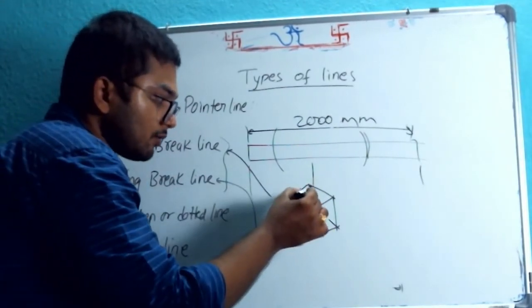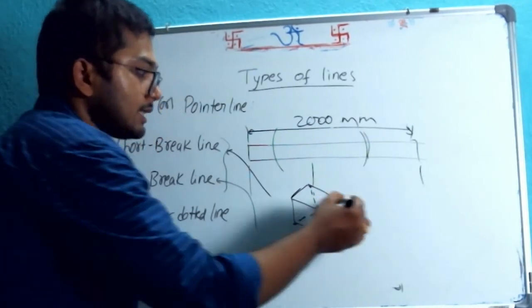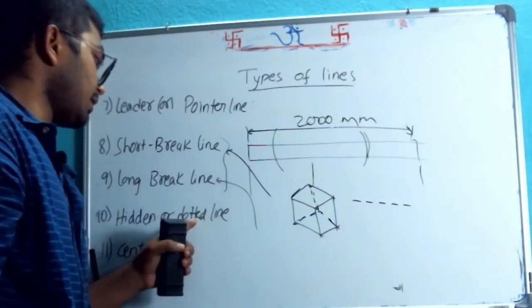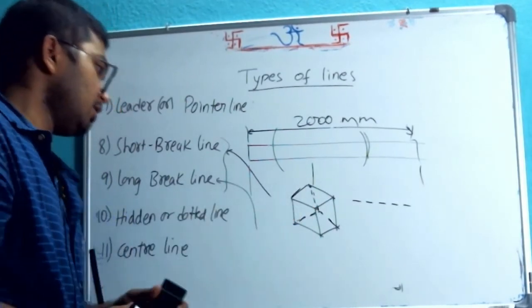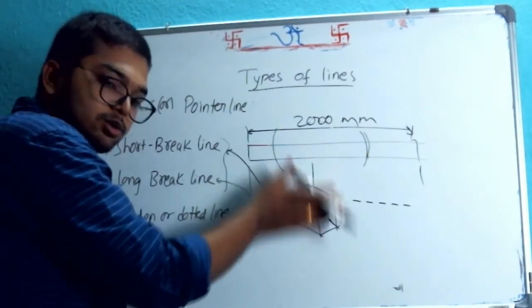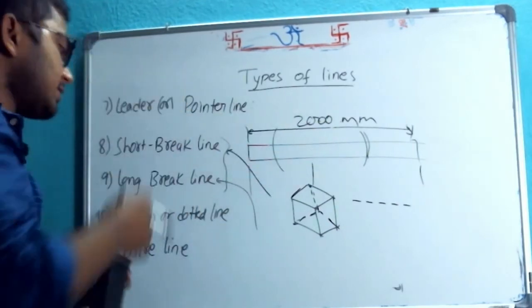Those lines we draw as dashes, intermittent lines, not continuous. Those dashed lines we call hidden lines or dotted lines because they represent hidden edges or inferior layers. The superior layers are those which are in front. Inferior are those which are behind them, which we can't see.